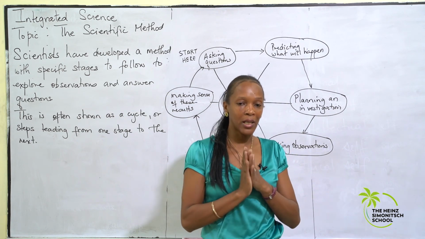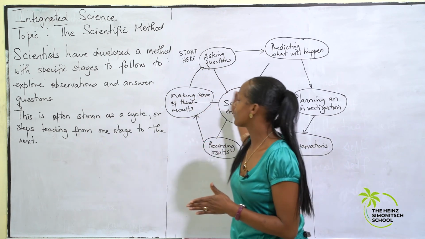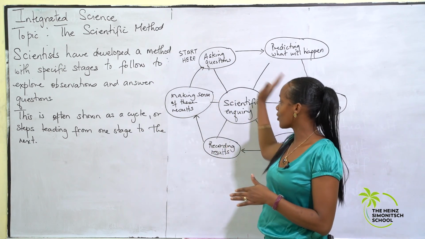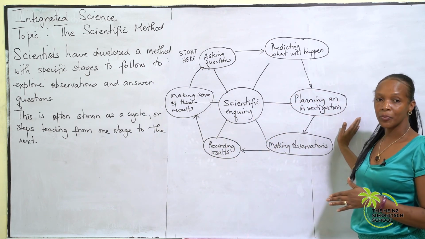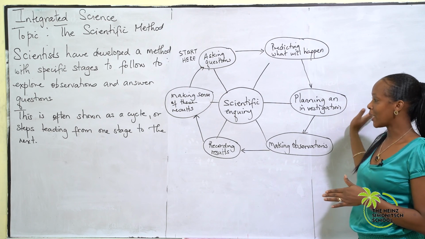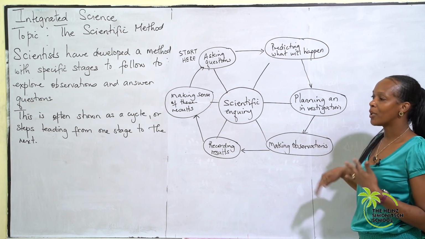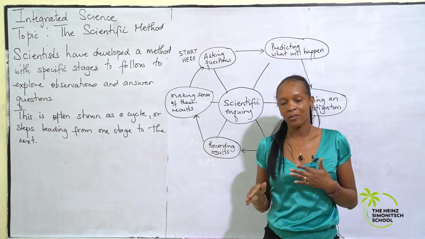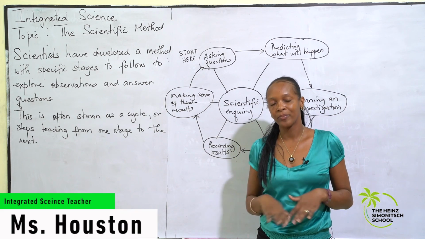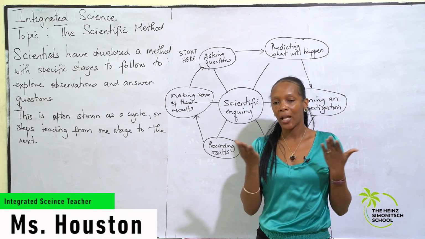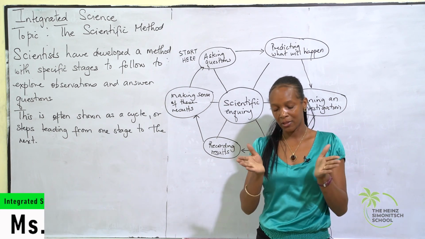We can use the scientific method to see how it happens. This all makes it possible. So next time, we're going to be conducting experiments to see why things happen, how they happen, plan our experiments, and see how they work.